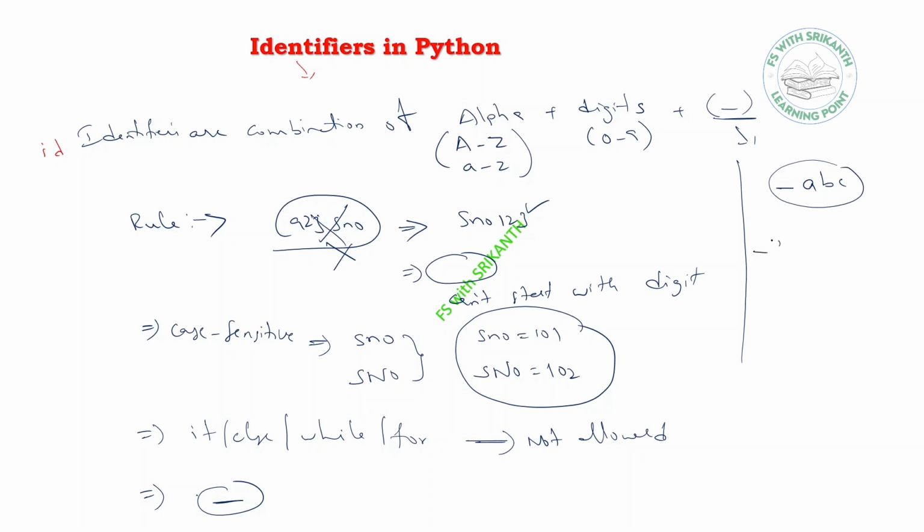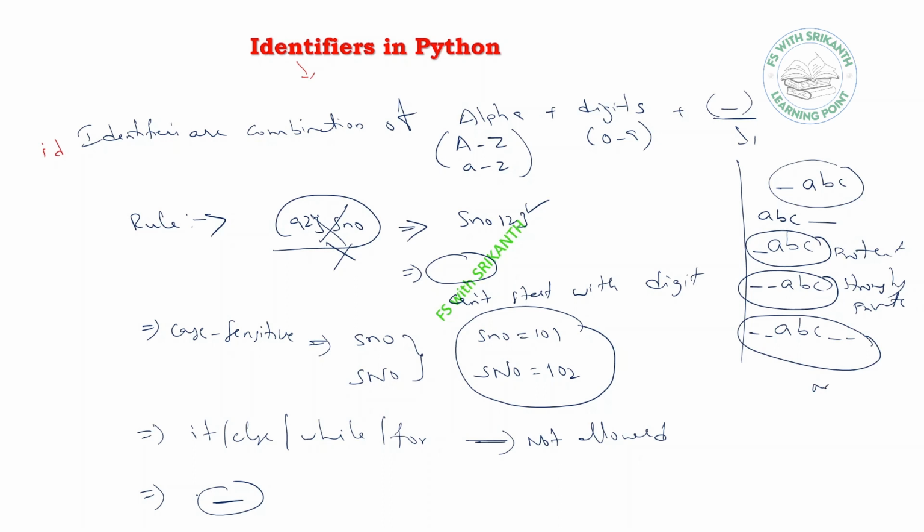Because _abc, __abc and __abc__ all have different meanings. A general abc is a normal variable, but _abc is a protected variable, and __abc is a strongly private variable, and __abc__ is a magic variable. You should never start your variable name with a digit or the underscore symbol.